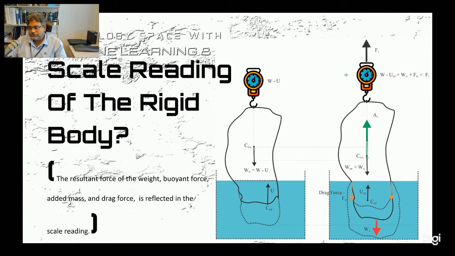That is what the summation of these forces is going to be, which is reflected on that scale. There's another important point you should note: F1 should be larger than this force summation. That is the only way this rigid body could have the acceleration A1, which is in the same direction as the external force F1.